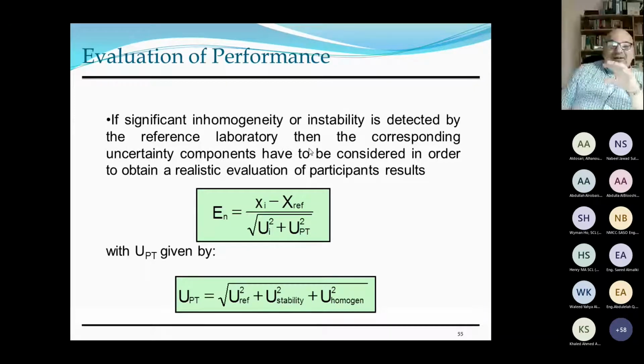So instead of talking about an uncertainty of the reference value, we talk about the uncertainty of the proficiency testing scheme, which would include the uncertainty of the reference value plus the uncertainty of any instability effects, and in some cases inhomogeneity also, but definitely instability.